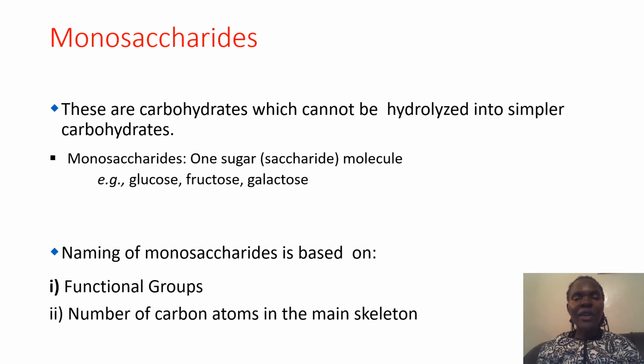And then these monosaccharides, we are going to dwell much on them by looking at how naming of a monosaccharide is done. Naming of a monosaccharide is done based on two criteria: one, the functional group, and two, the number of carbon atoms in the main skeleton.